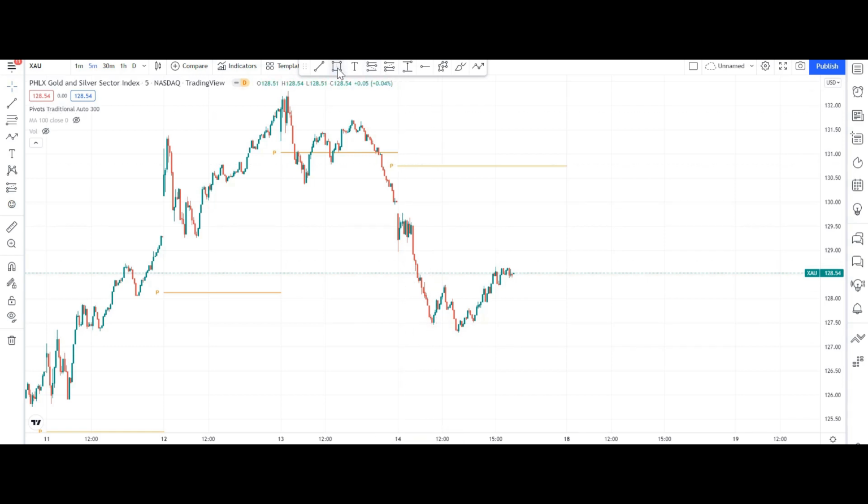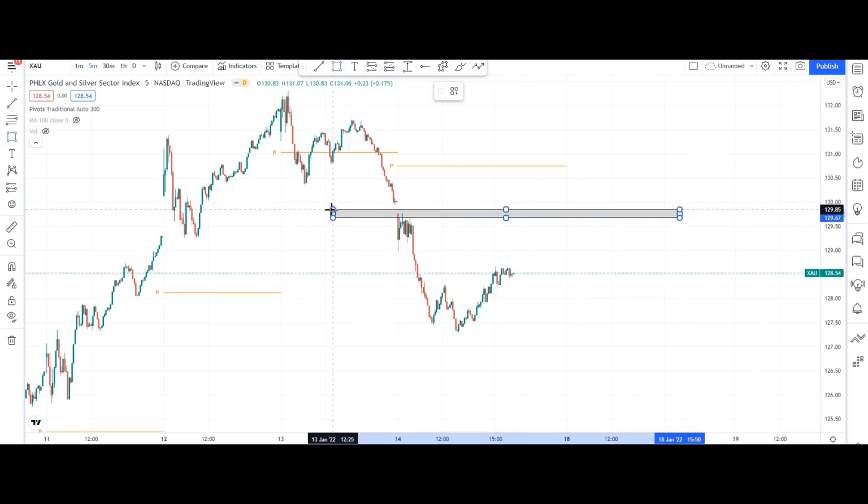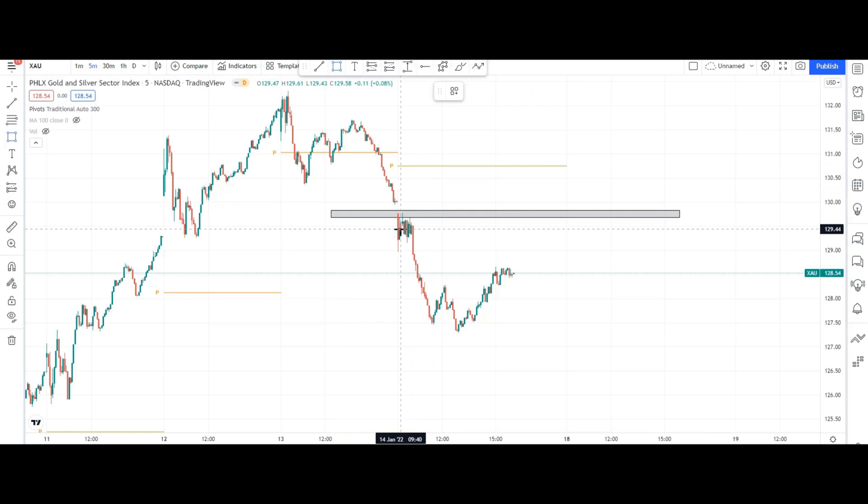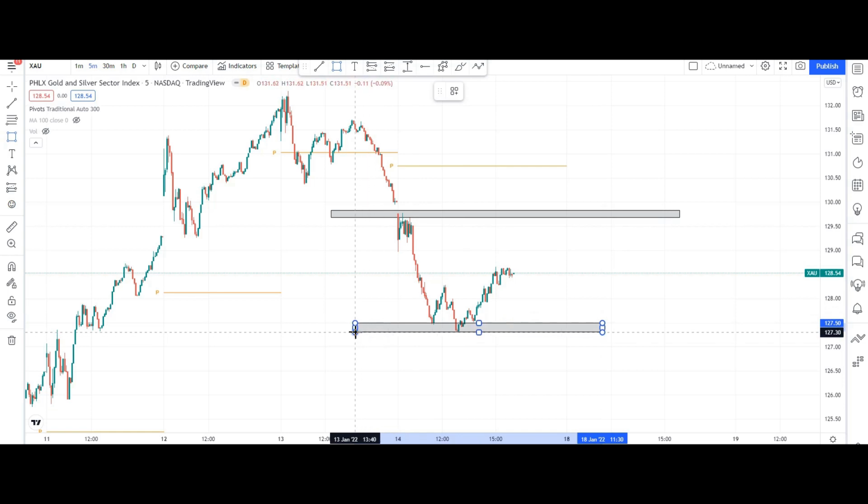Okay, right now what we can assume is that this is one of the major resistance areas, because both buyer and seller tried, and the seller won here and took it downside, but the buyer has also dominated right now. So this is one of the pullbacks, what we can say.